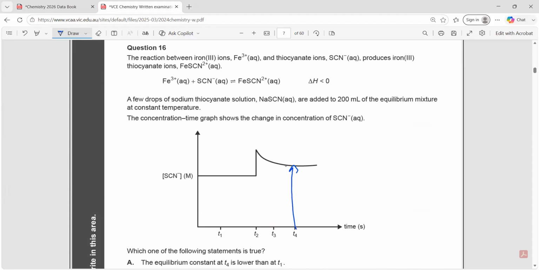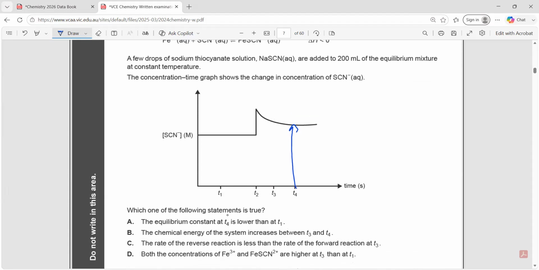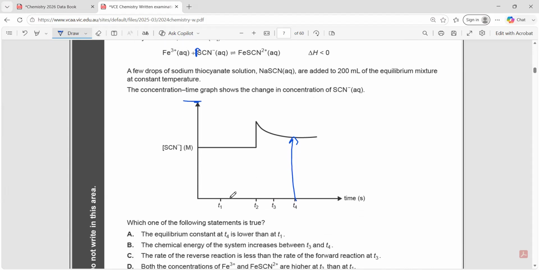Okay, maybe. It looks like there is more SCN. However, generally speaking, the only thing that can really change the equilibrium constant is temperature.